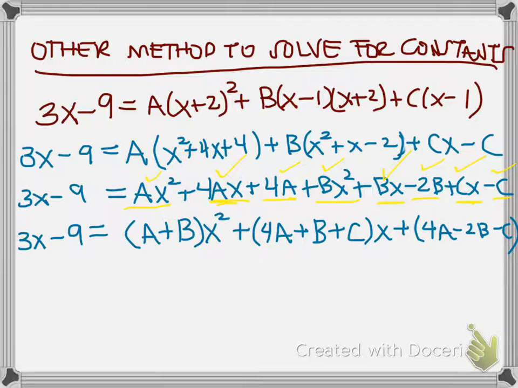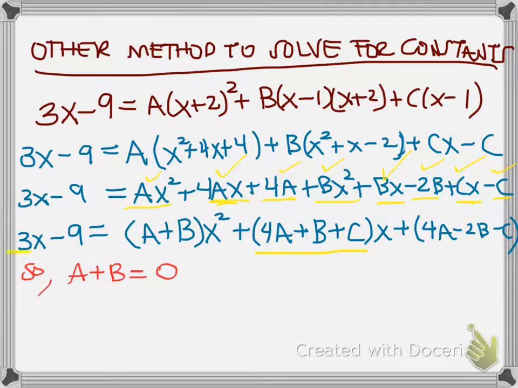Okay. Well, notice on the left-hand side, there aren't any x squared terms. So that means this coefficient on the right-hand side, we want that to equal 0. So we want a plus b to equal 0 because there's no x squared terms. Then for x, well, there is, so that's the coefficient on the right-hand side is 4a plus b plus c.